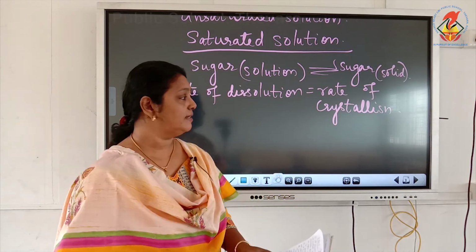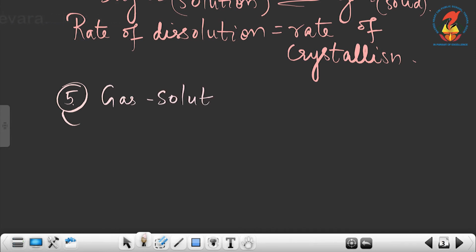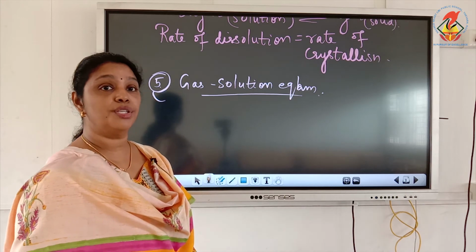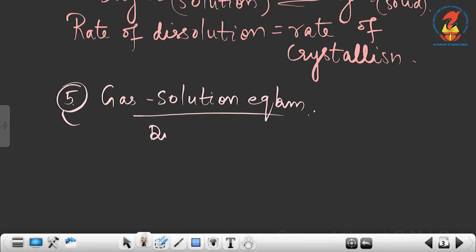Now the last type of equilibrium, number 5, is gas solution equilibrium. An example for this is the dissolution of gas in a liquid under pressure.